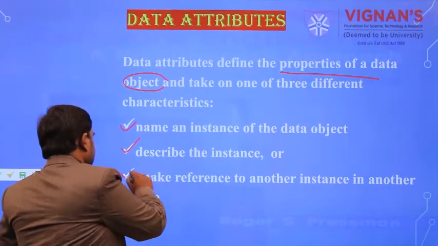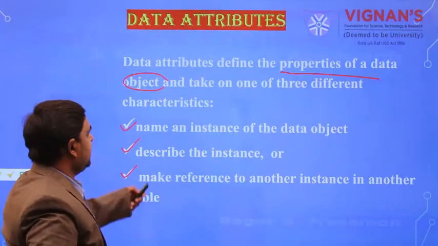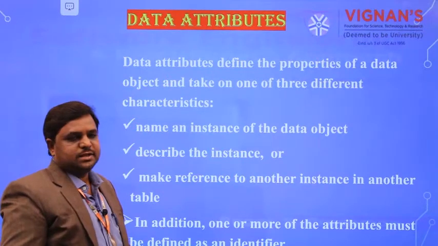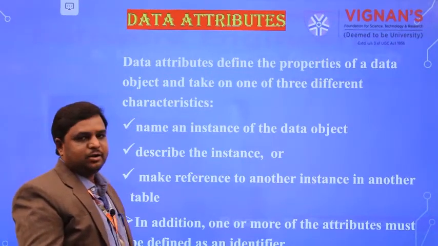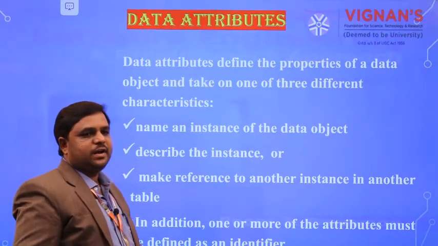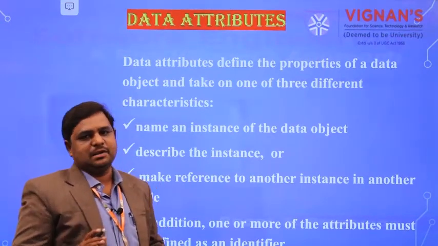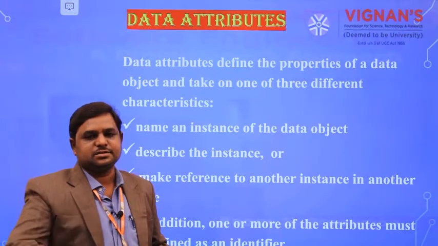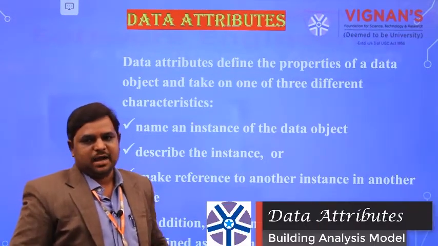These are the three things we consider in data attributes. In addition, one or more attributes must be defined as an identifier. An identifier is something which will have unique values. To identify a particular instance of an object, we define the identifier.